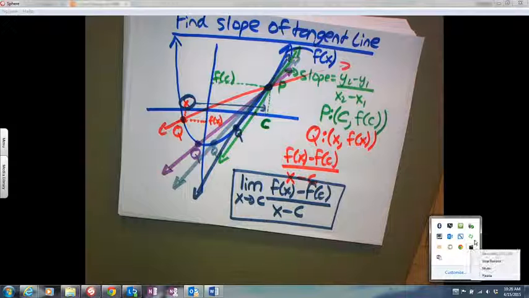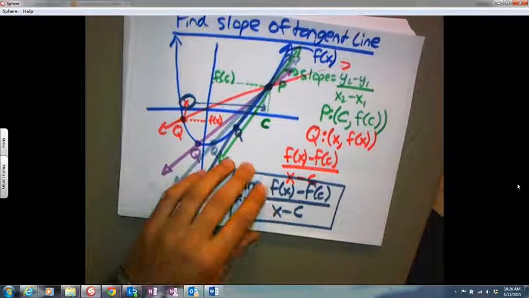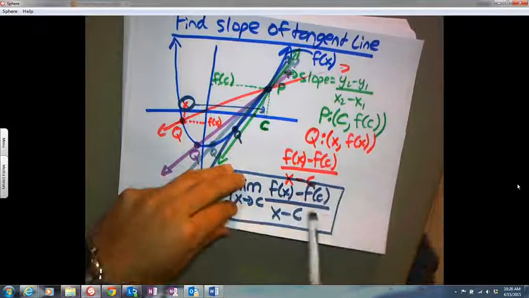Okay. So let's apply this formula now. And to do that, I want to begin with this problem right here on the homework. Page 2 right here. All right.